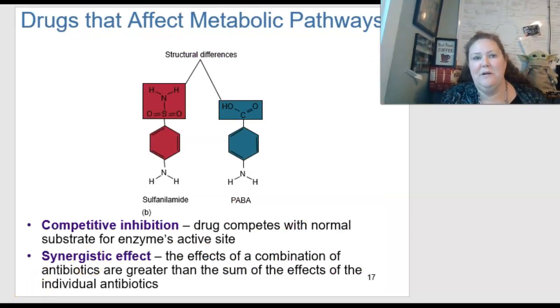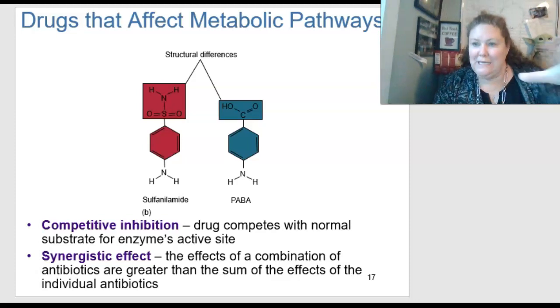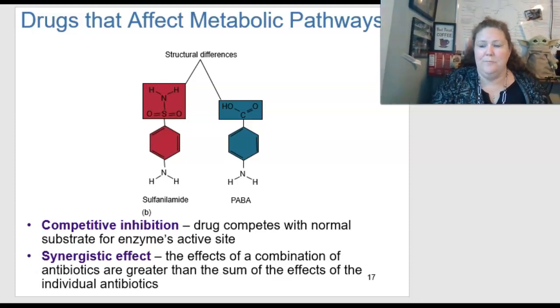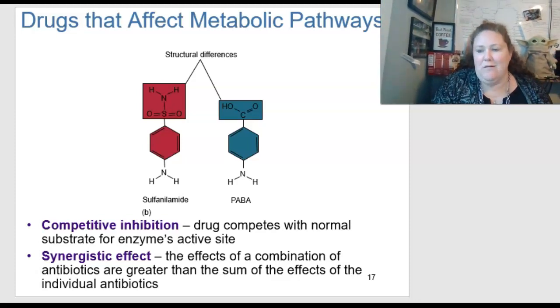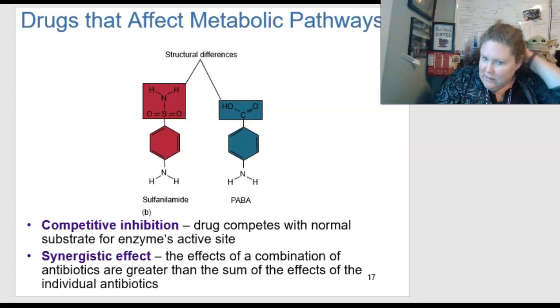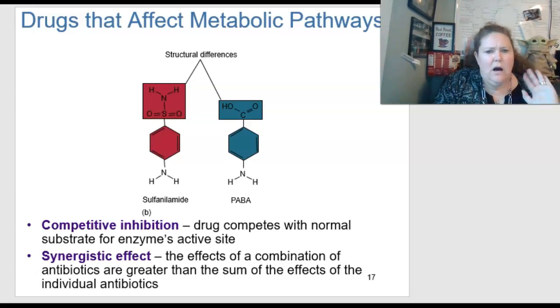So when we're looking at different pathways, we have a couple ways to inhibit or stop the interaction of enzymes, right? The first one is competitive inhibition. The other one is non-competitive, okay? And they're also talking about synergistic effect. So competitive inhibition is exactly that.